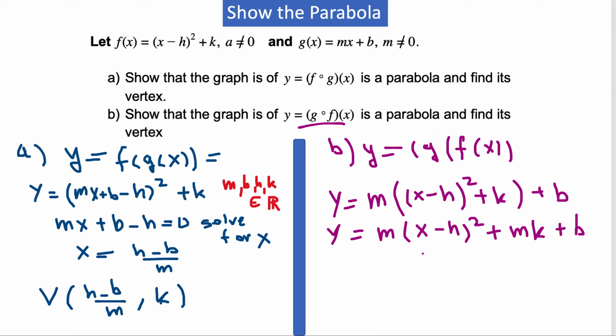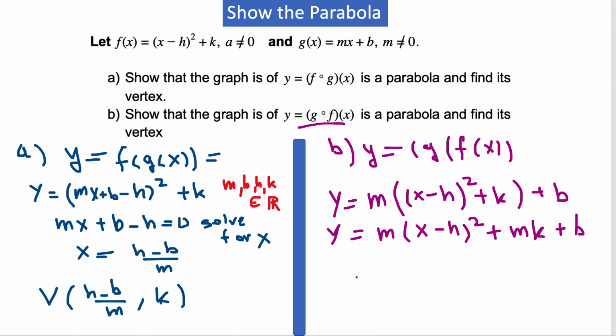Now, finding the vertex, this is a quadratic function in vertex form, but what used to be just k can now be substituted by mk plus b, one parameter.